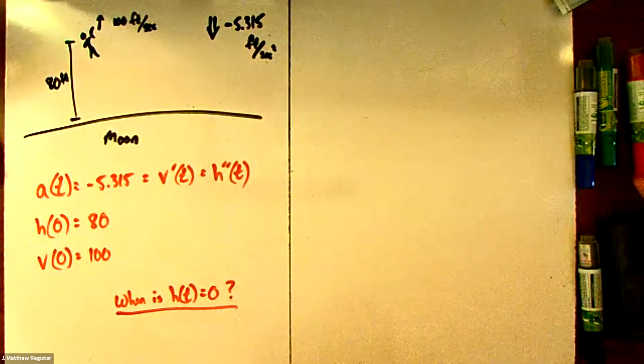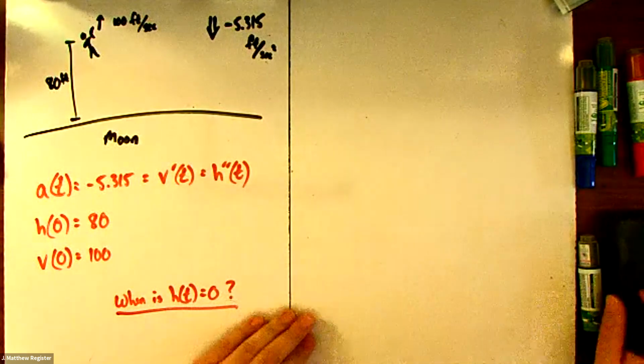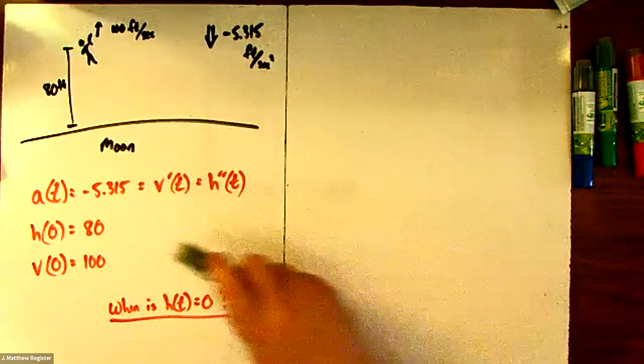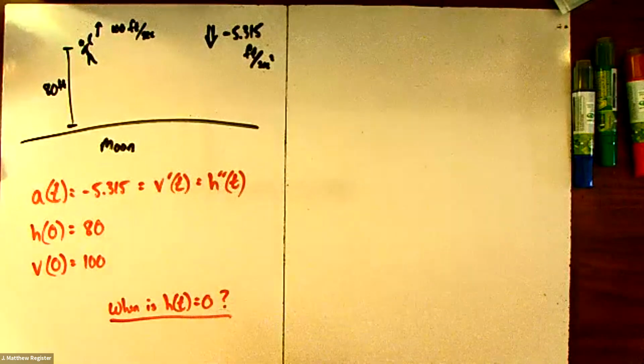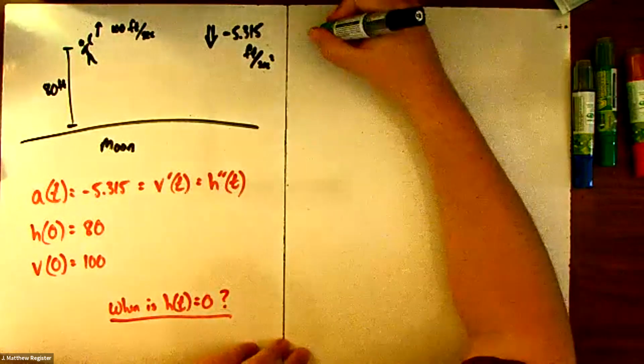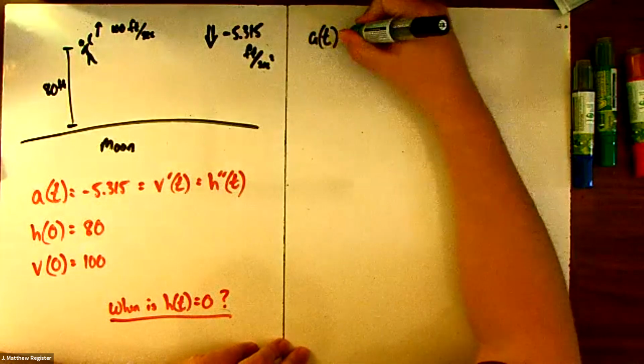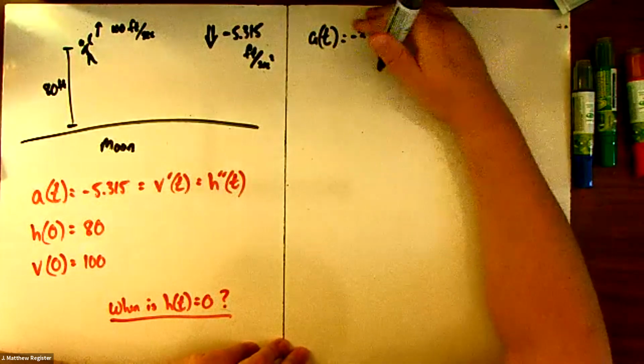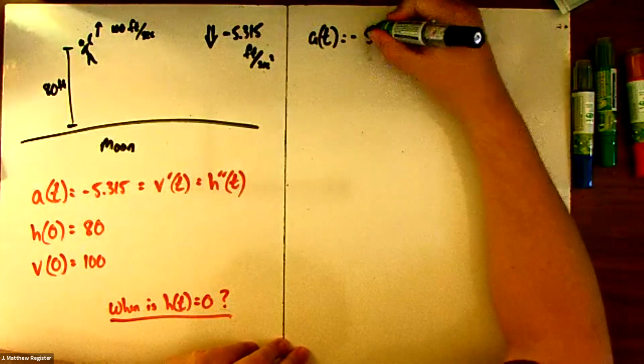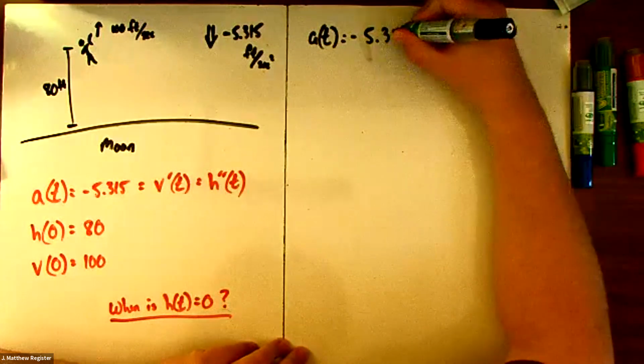And so in order to solve this, we can use our antiderivatives. We start with our acceleration function, A of t, is equal to negative 5.315.